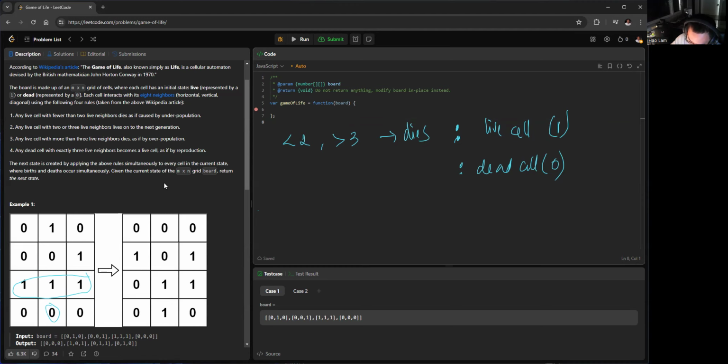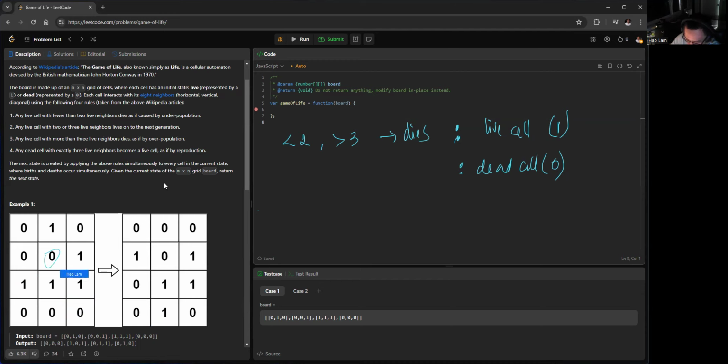If it has exactly 3 live neighbors, in the next state this becomes alive again, by reproduction. So we always consider the live neighbor here, which is 1. We don't care about the dead neighbors. So pretty straightforward.